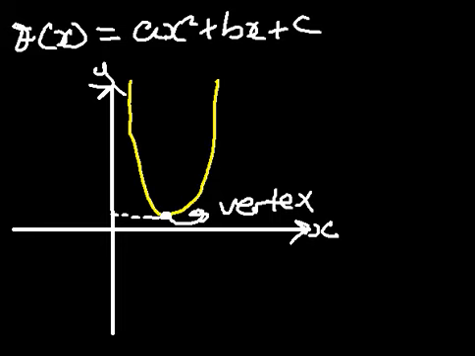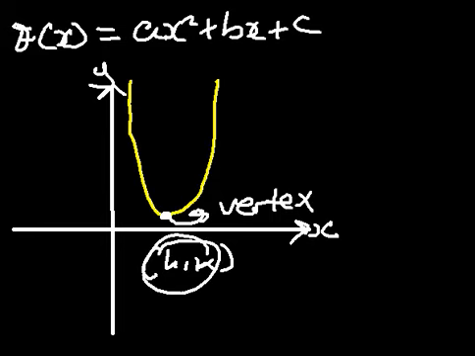Let's say the y value is symbolized as k, and the x value is symbolized as h. Which means at the vertex or the turning point, the coordinates are given as h, k.